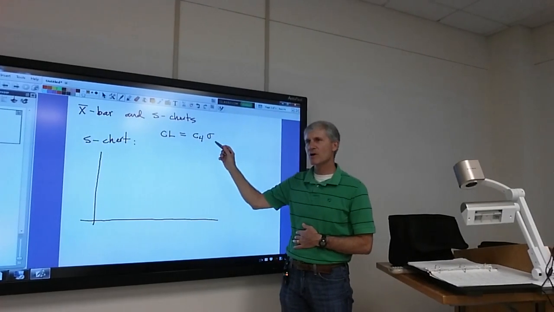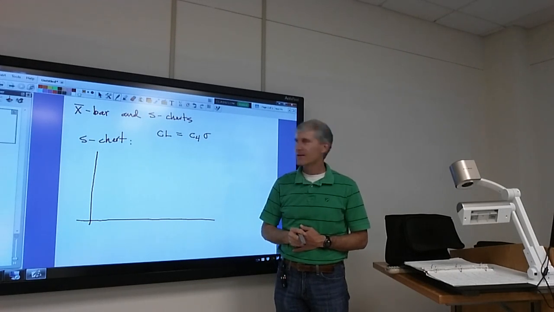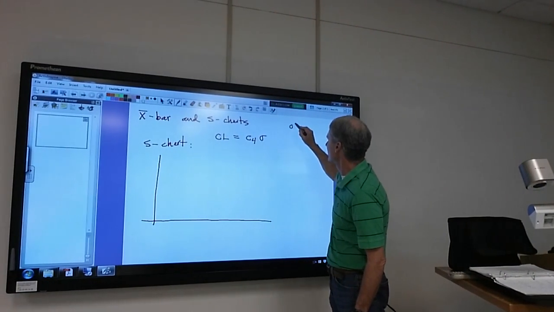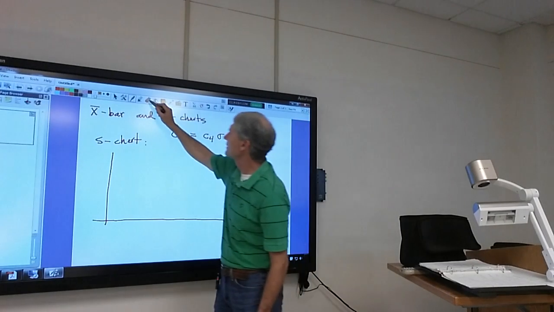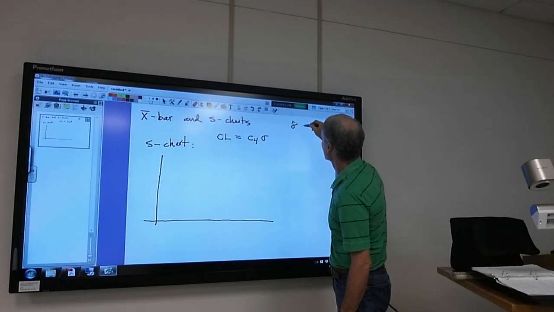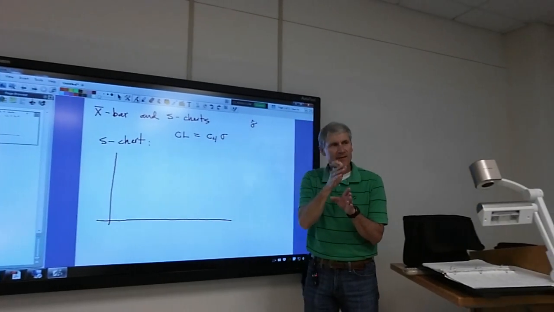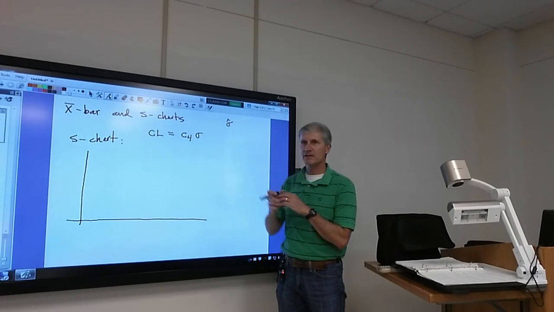But sigma is an unknown quantity, so you have to estimate it. Right? And this is scratch paper over here. Sigma hat is equal to, you remember how the S's from the samples, how we use them to get sigma hat?